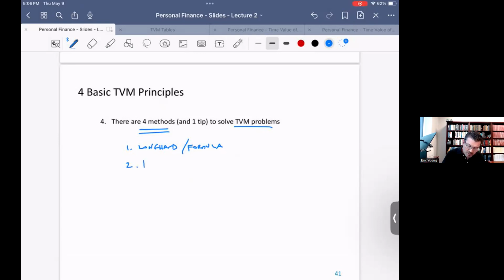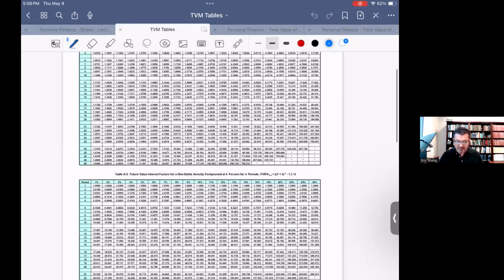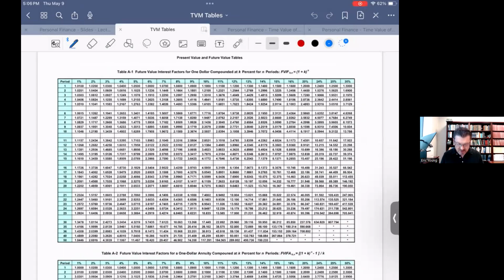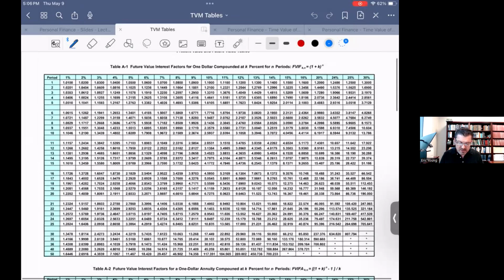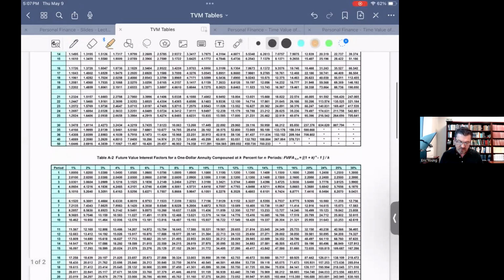You can also use what's known as a factor table. This, which is on the website, is a factor table. If you notice on this, there are actually 4 tables. Let's identify them briefly. The first one is the future value of a $1 lump sum. The second table is the future value of an annuity.